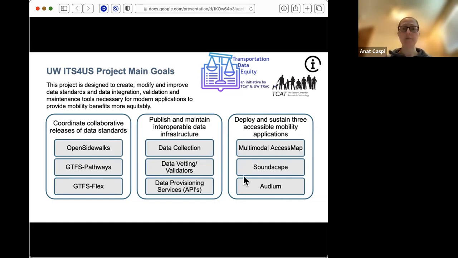And then lastly, deploying and sustaining 3 demonstration applications. So this is just, are they using the infrastructure? Can we demonstrate that someone is actually going to use this stuff? Otherwise, we didn't do our job. So really the focus is on here, right? Because that's the biggest build focus.